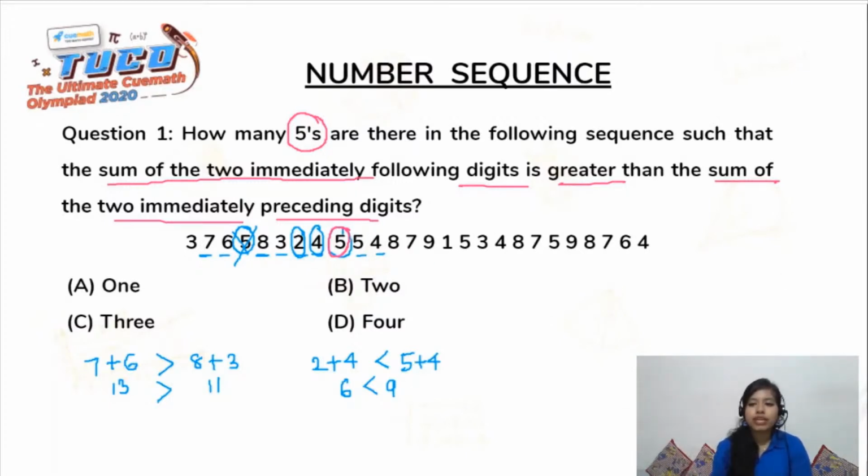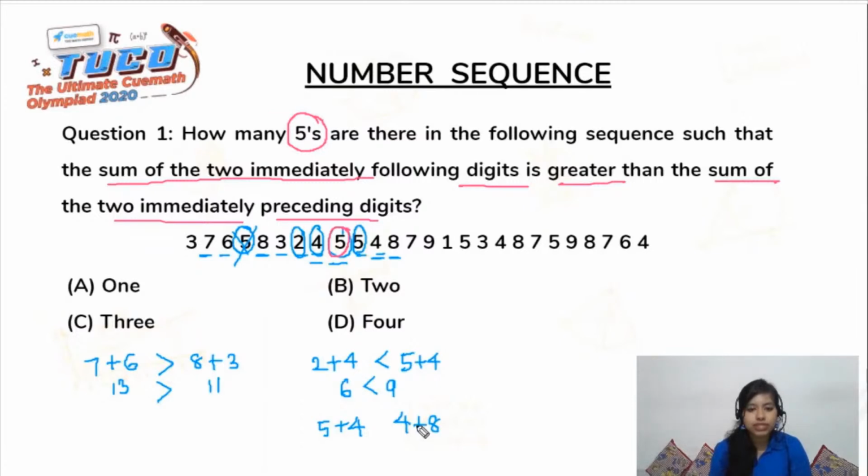Now let's look into the next 5. If you look into this 5 now, the sum of the preceding digits is nothing but 5 plus 4, and the sum of the following digits is 4 plus 8, right? And if you notice here, this is 5 plus 4, which is 9, and this is 8 plus 4, which is 12, right?